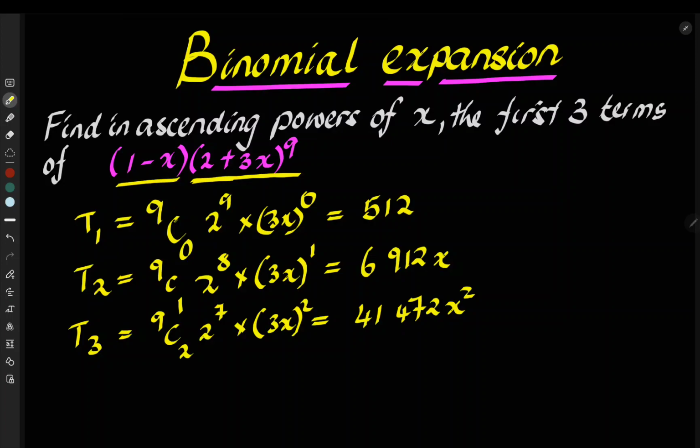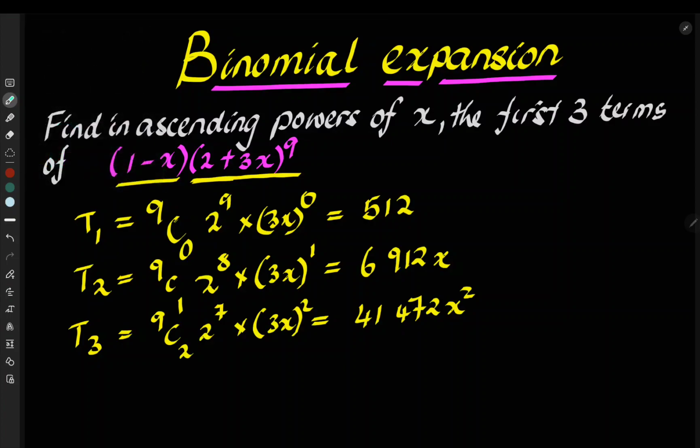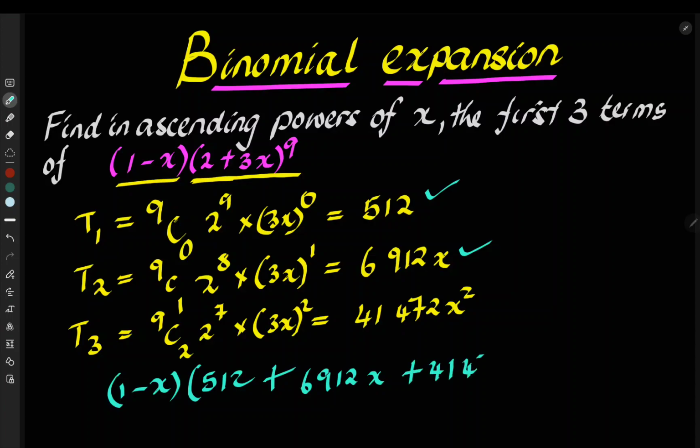So we just multiply these first three terms with the (1 minus x) bracket. We say (1 minus x) bracket, then multiply by 512, the first term, plus 6,912x, then plus 41,472x squared.